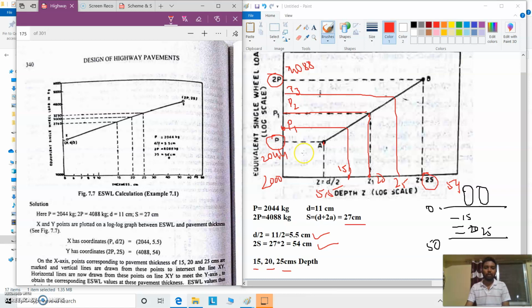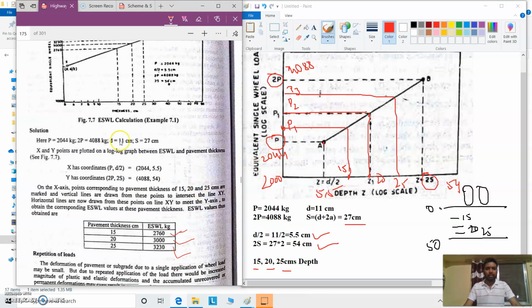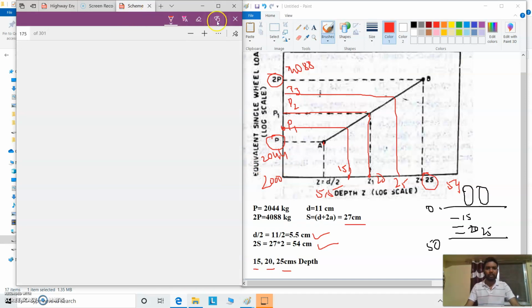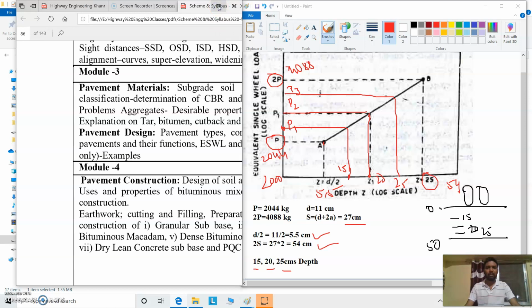And this is how we have to plot, and there will be a definite question on this content, whether we have to write the step-by-step procedure to find the equivalent single wheel load, or else you may be asked to calculate this equivalent single wheel load by using the semi-log graph provided in your answer sheet, right?